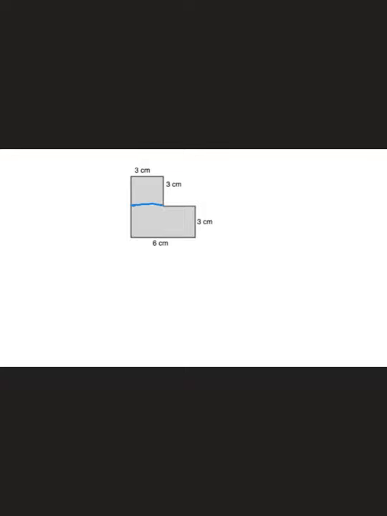So I know that the area of this square here at the top is the same as the area of a rectangle, which is base times height, or length times width. And so I can find the area of this square by multiplying. And I know that the area is 9 centimeters squared.